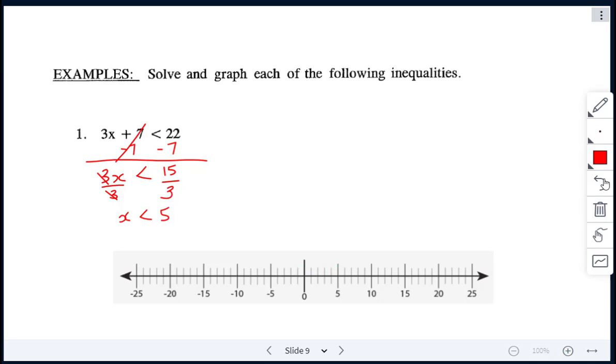When the value, the 5, is not included, at 5 they use this curved line like that, and then the arrow would still point to the left. So either the curved line like that at 5, or you would use the open circle like that to show that x is less than 5.